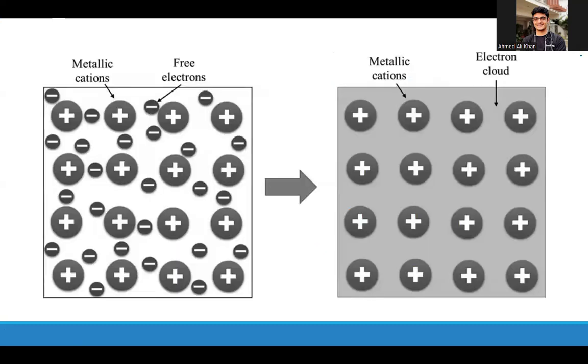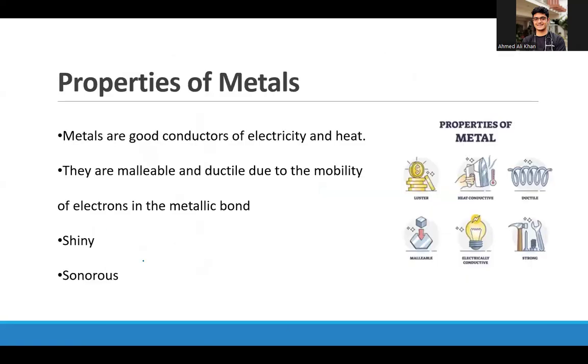This is another diagram which shows how metal atoms are arranged and how they bond together in metallic bonding. We have positively charged metal cations and free electrons, and this electron cloud acts as a glue to hold all of the positively charged atoms together.